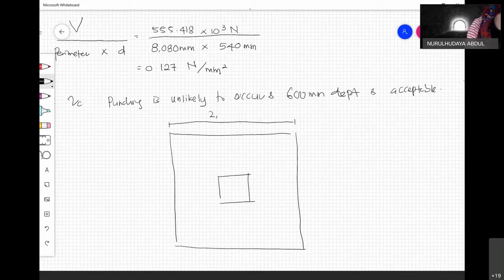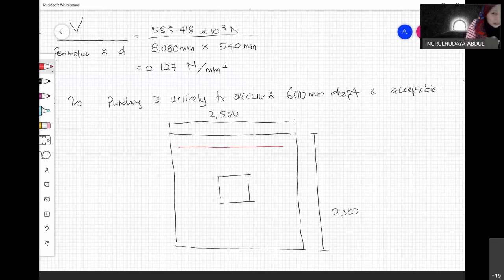So this is 2,500 and you have also 2,500. Okay. And then kita ada bar, okay, which is bersilang lah. Okay. So this is the bar.